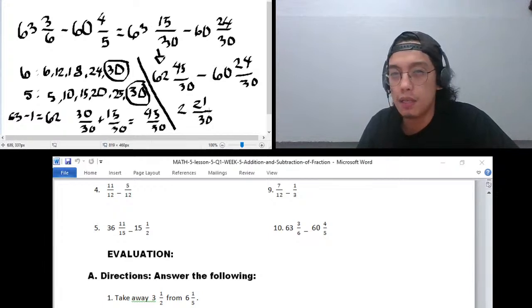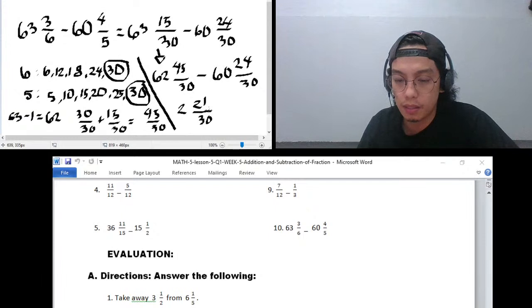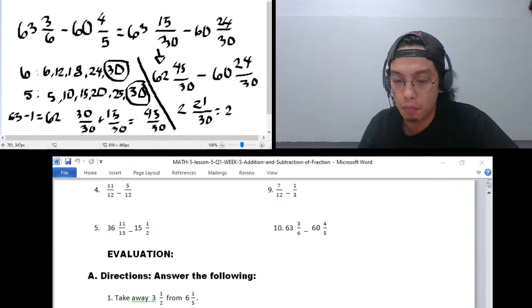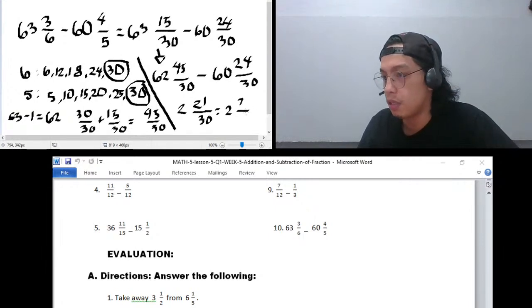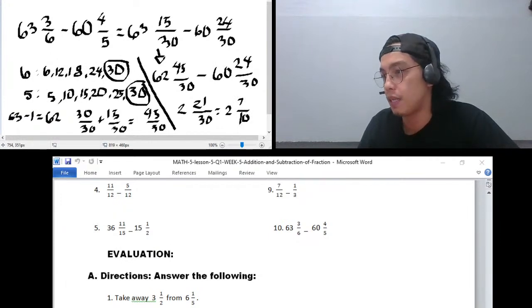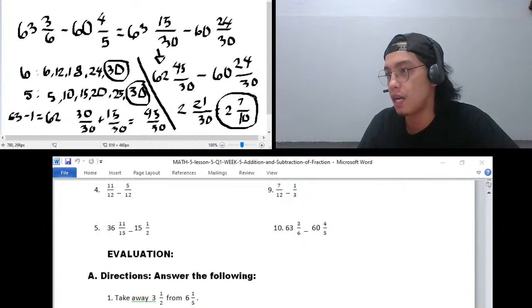And can we divide by 3? We can still simplify. Let's simplify it. 21 divided by 3 is 7. 30 divided by 3 is 10. So that is our answer.